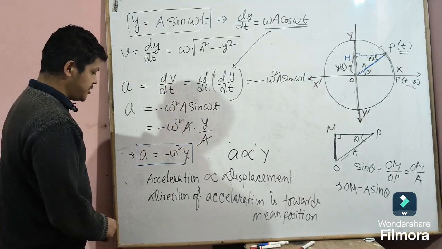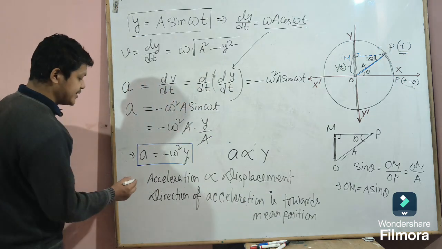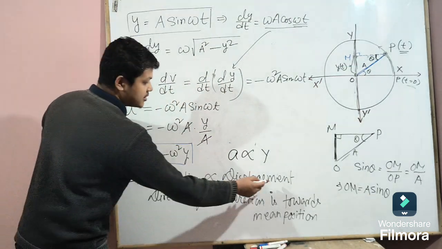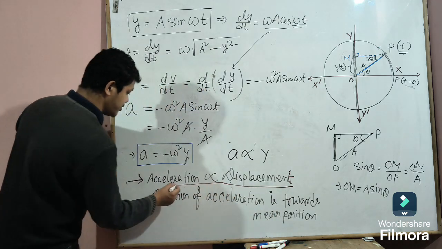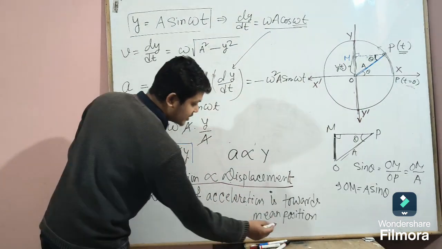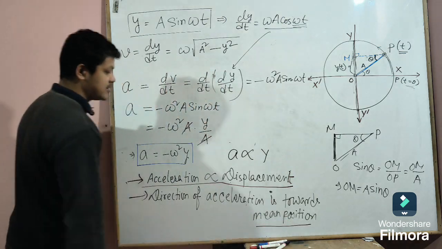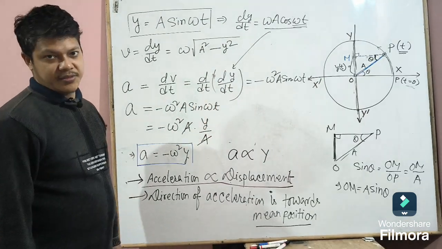Now such kind of motion, where acceleration is directly proportional to displacement and the direction of acceleration is towards the mean position, such type of motion is called simple harmonic motion.